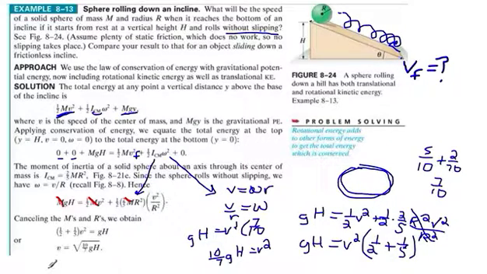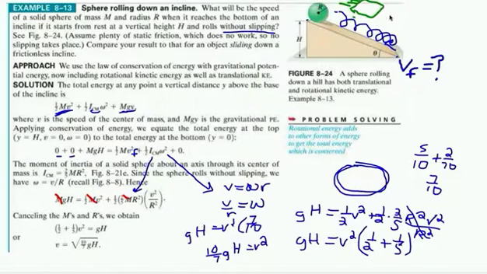Just a quick comment: if we think about just a box going down the hill, and there was no friction applied, I think the box actually reaches the bottom first.